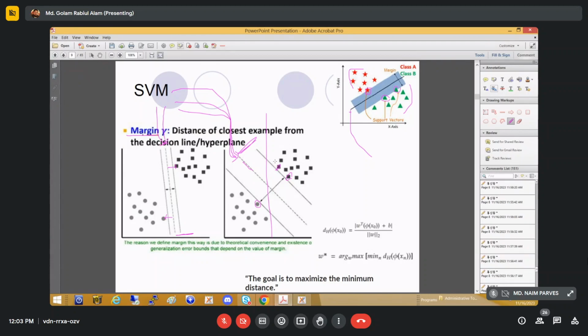In this case, maybe this one is closer from the positive side, and this one is closer from the negative side. So these two we have to consider as our support vectors.